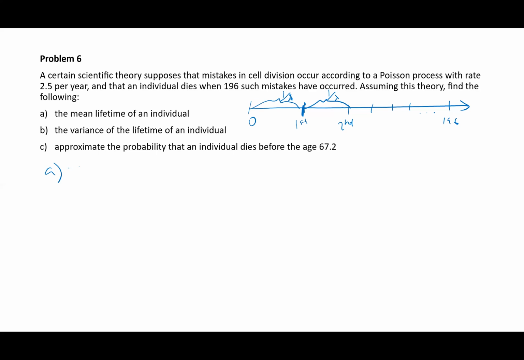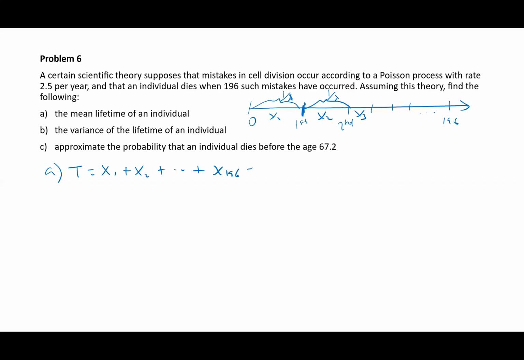If I want to find part A, I'll call it T. This is the total time. So X1 is the time until the first mistake, X2 is the time between the first and the second mistake, and so on: X1, X2, X3, etc. Until your 196th mistake, that's the total time until your body makes that 196th mistake.